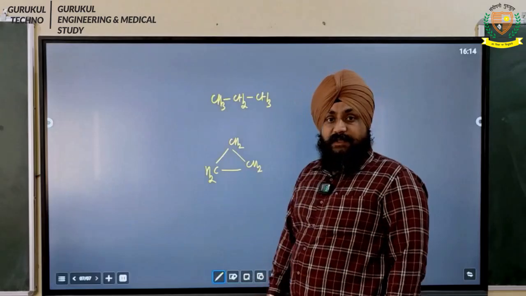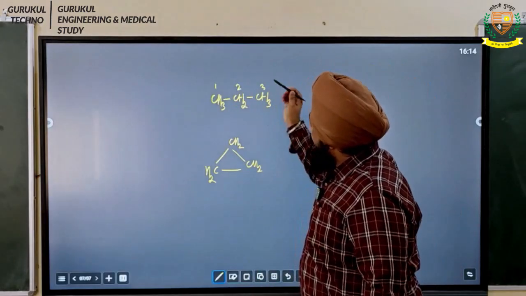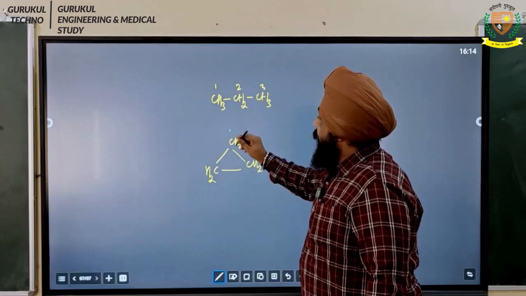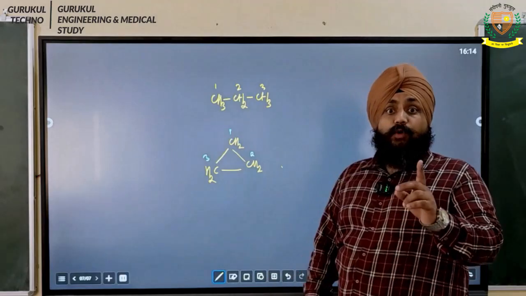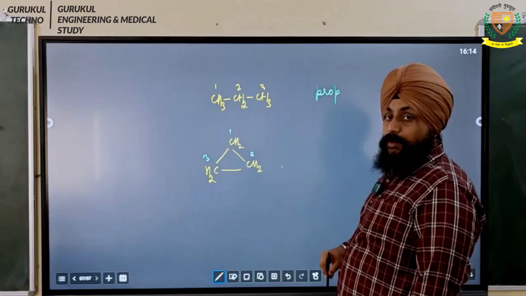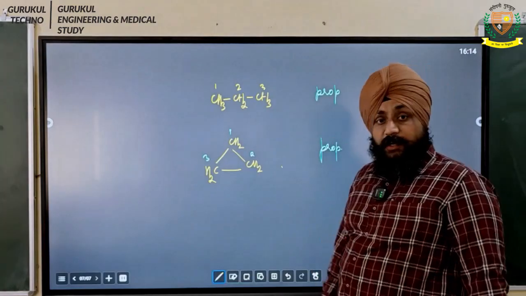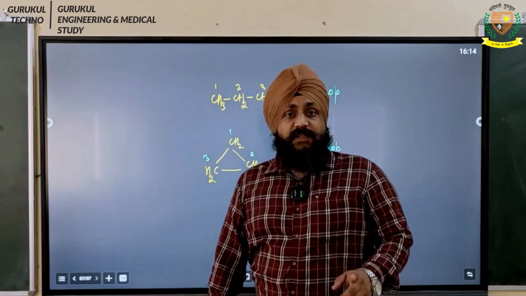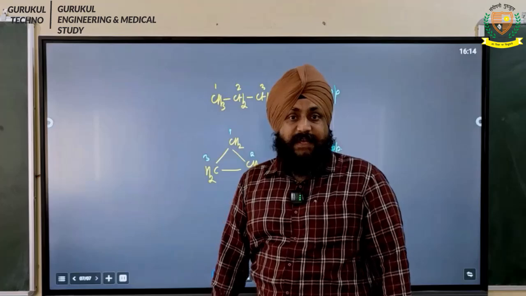See here, both of them 1, 2, 3. Here it is 1, here it is 2, here it is 3. See, both of them are containing 3 carbon atoms. So here also word root is prop and here also the word root is prop. Okay students, now one is cyclic compound and the another one is acyclic compound.